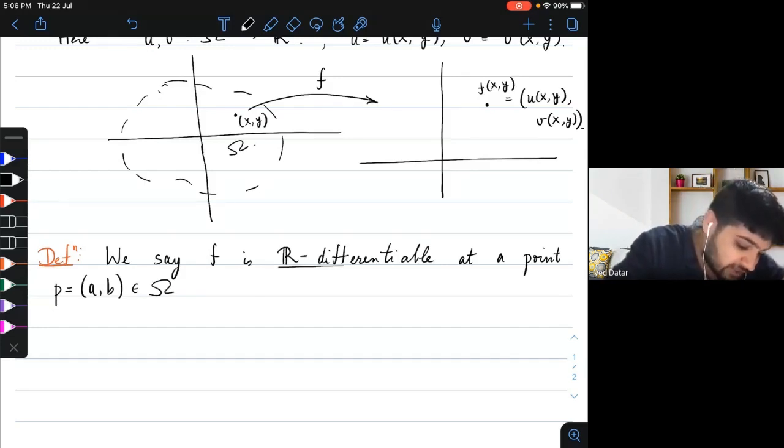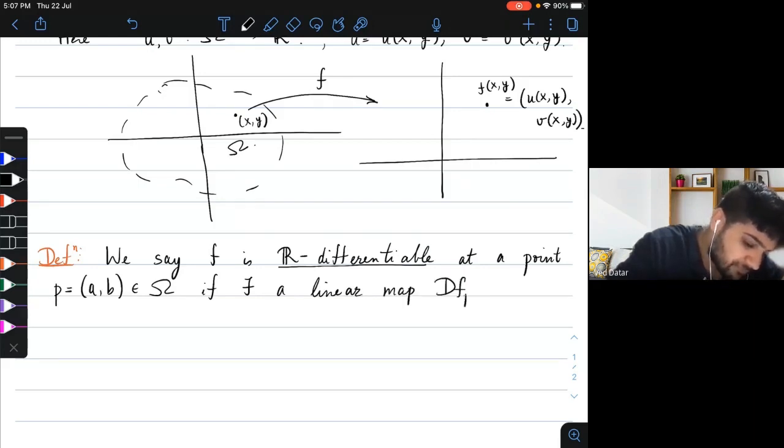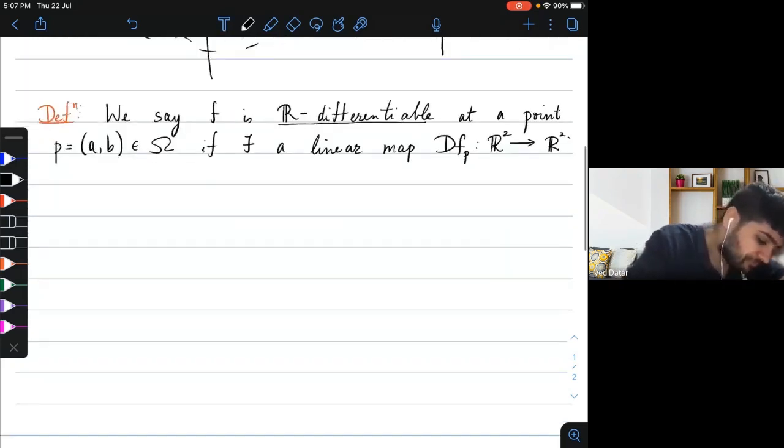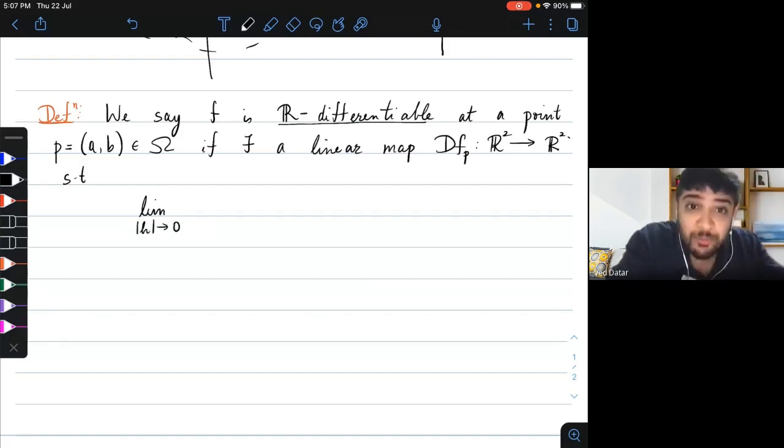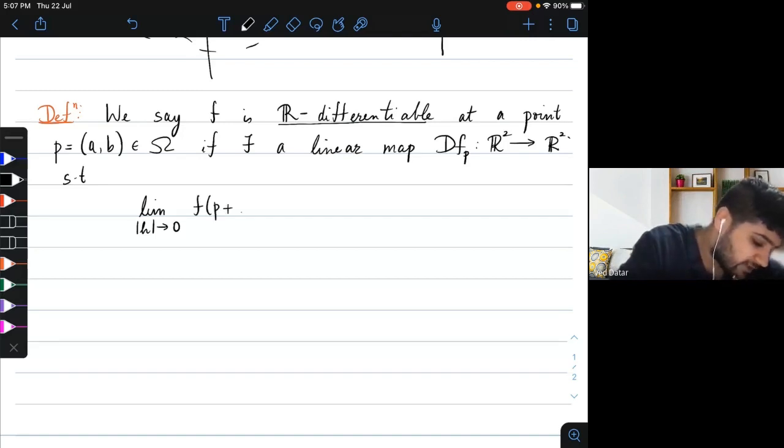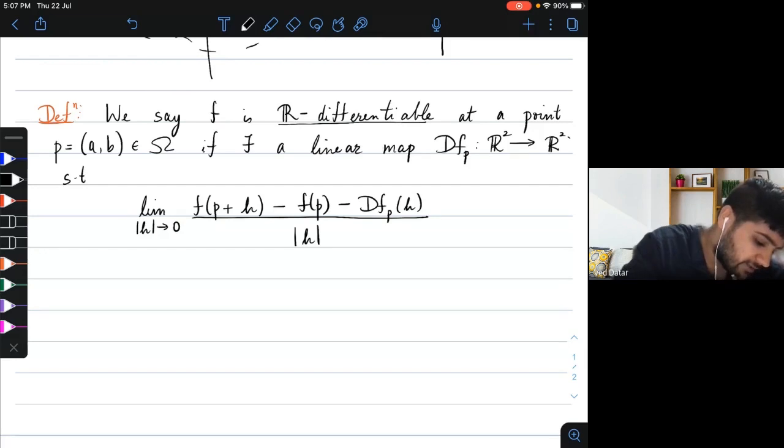We say that our function is R differentiable at this point if there exists a linear map df_p from R2 to R2 such that the limit as the norm of h goes to 0 of the norm of f of p plus h minus f of p minus df_p of h, divided by the norm of h, is 0.